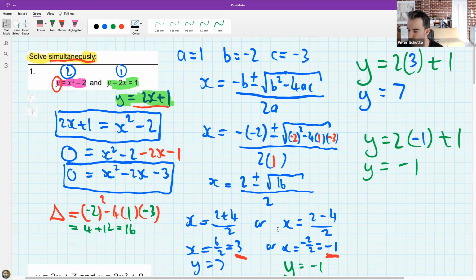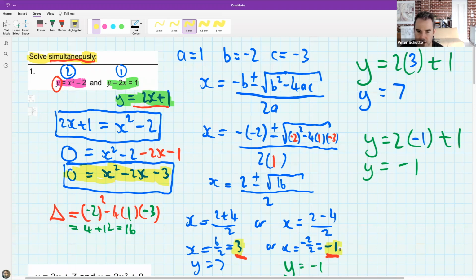Some other things I want to point out before I let you get going on a second example is that the pink one is a quadratic equation. It's got a power of 2, whereas the green one is a linear equation because it's just a straight line. However, in the end, you end up with solving a quadratic equation to figure out the solutions to this thing. So we had to basically solve this quadratic equation in yellow to get the answers for x that we were looking for.